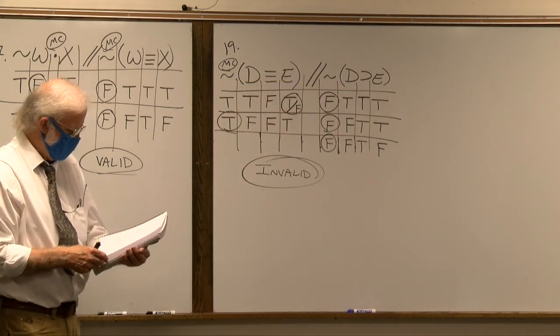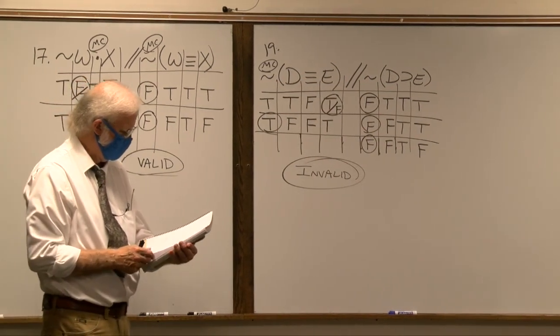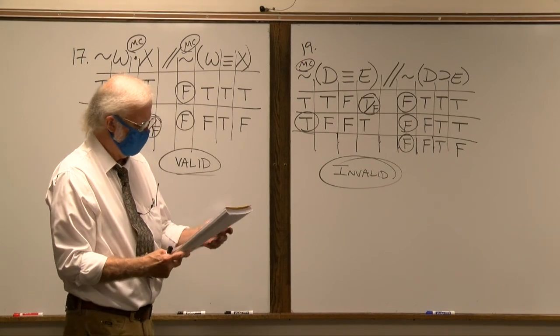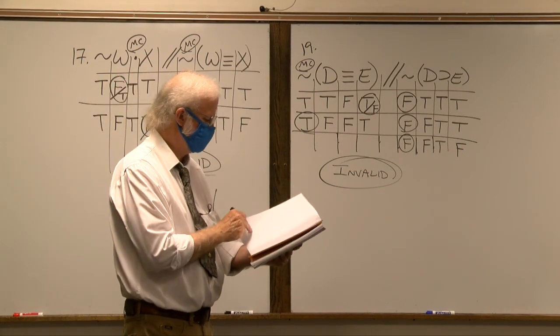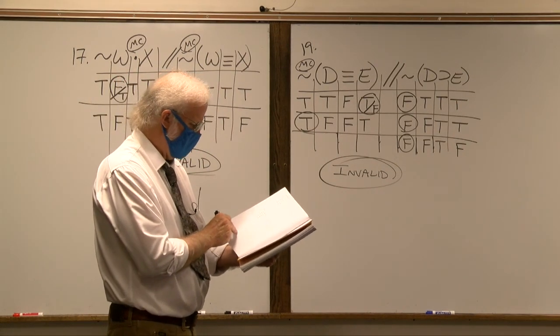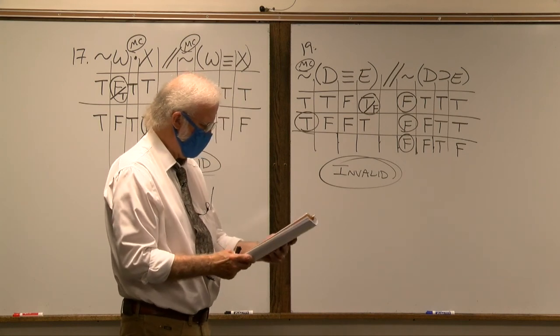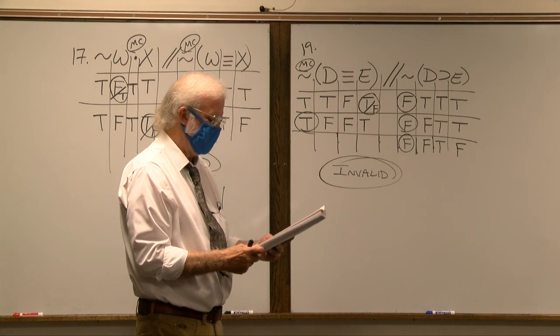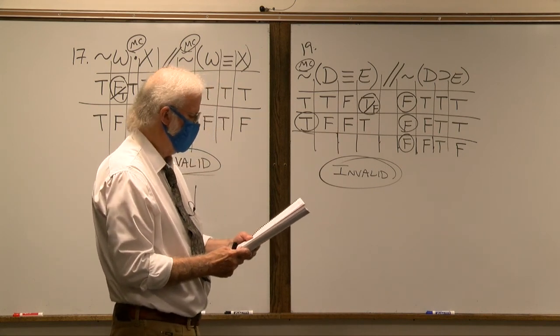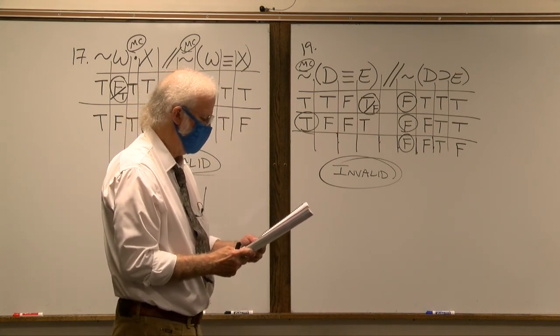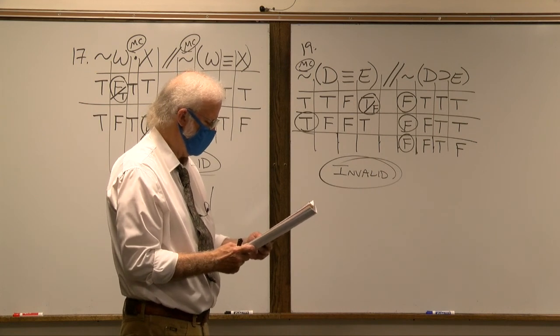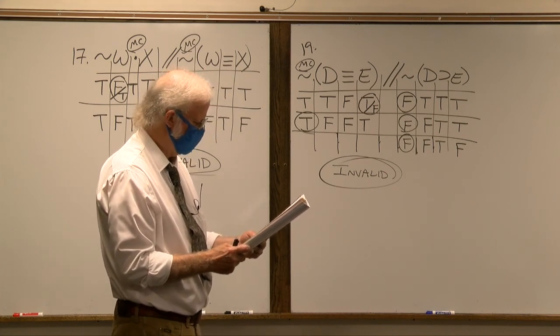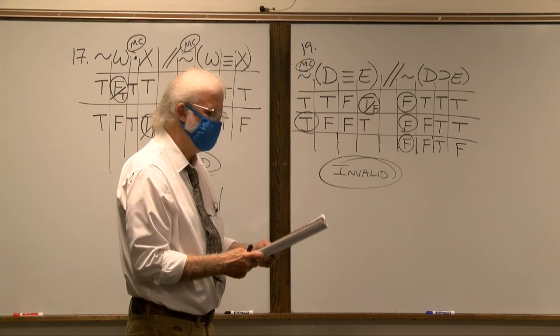Oh, in class, live, so to speak, we normally do 21. But I'm going to skip that one, because it takes a long time to do, and I won't give you something like that on a test. So let's instead go to 22.